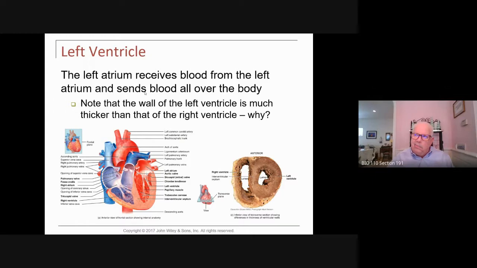The right ventricle pumps the blood into the lungs. Once that blood is oxygenated, it now goes into the pulmonary veins. There are 4 of them.